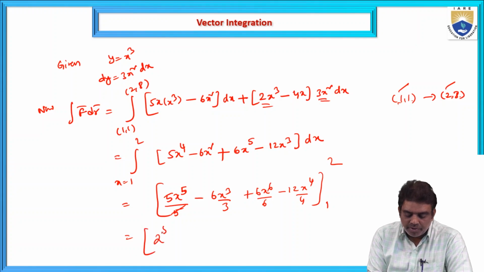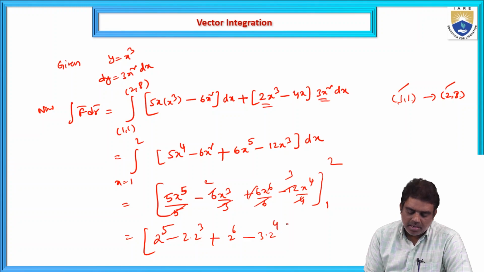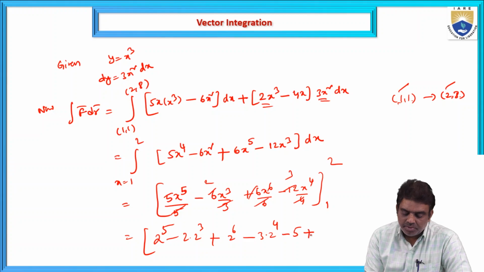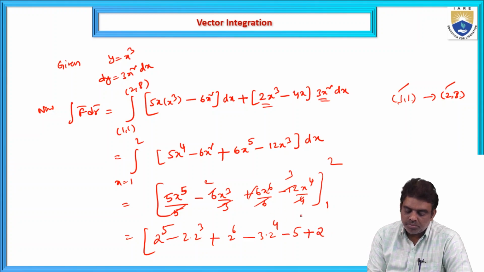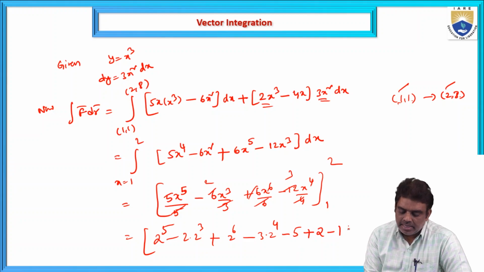The value is 2 power 5 at the upper limit, minus 2 into 2 cube, 6 cancels, 2 power 6, minus 3 into 2 power 4, and the lower limit: minus, 5 minus 2 plus 1 minus 3.